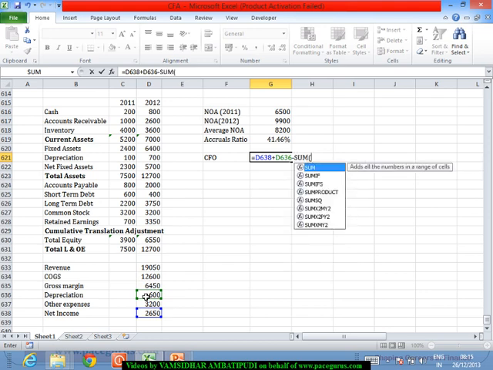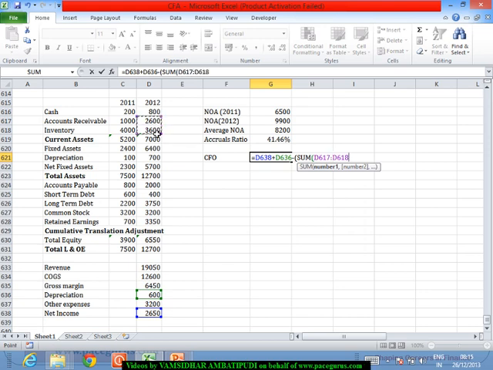So minus of what I will do is increase in the current assets. The current assets I will consider are accounts receivable and inventory. So this minus this is the increase in the current assets.